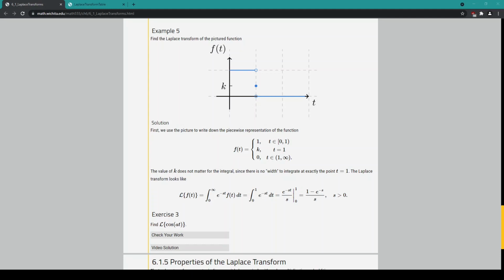Okay, I have a function that's equal to 1 on the interval from 0 to 1. It's equal to k at some specific value of t, 1 in this case, and then it is 0 from then on.